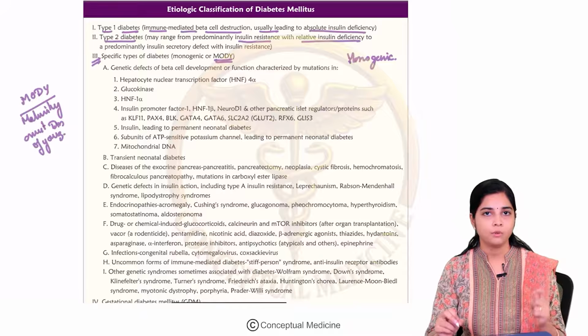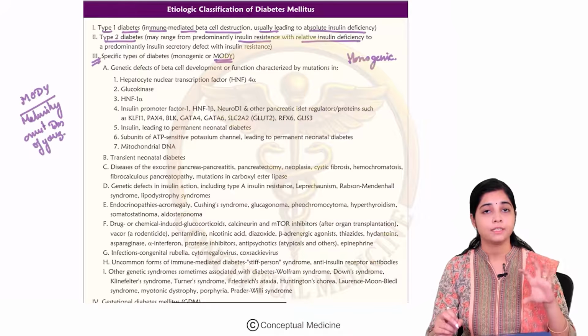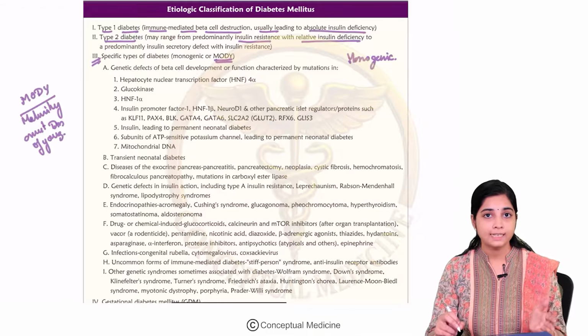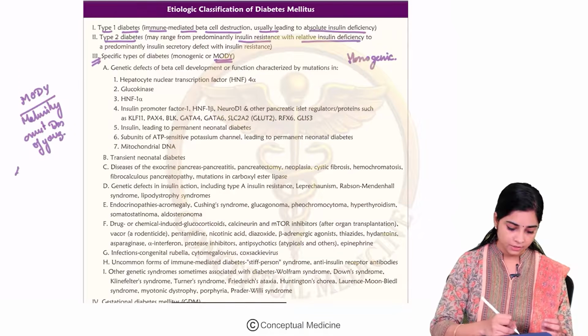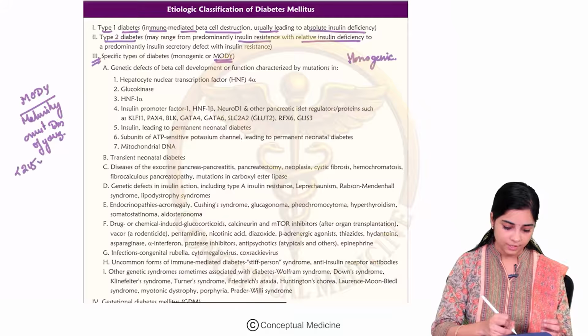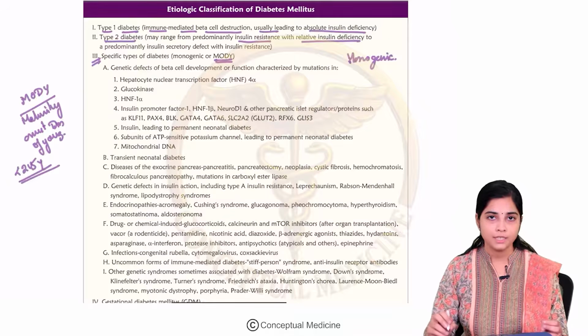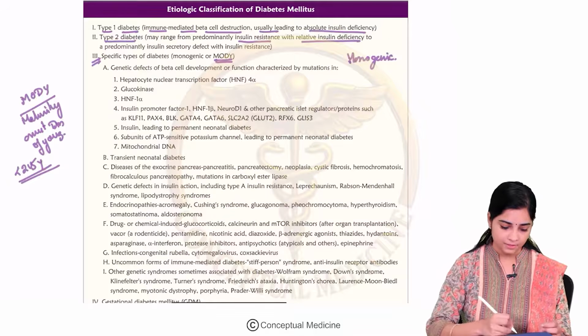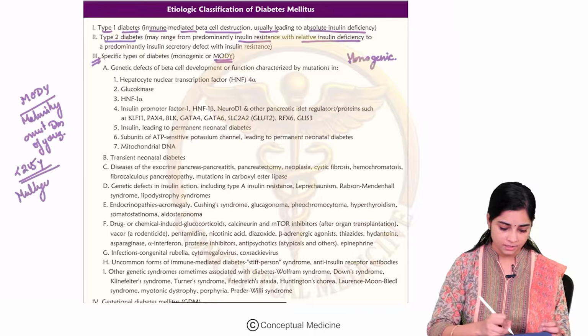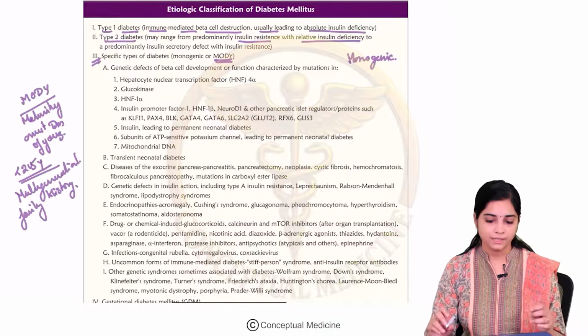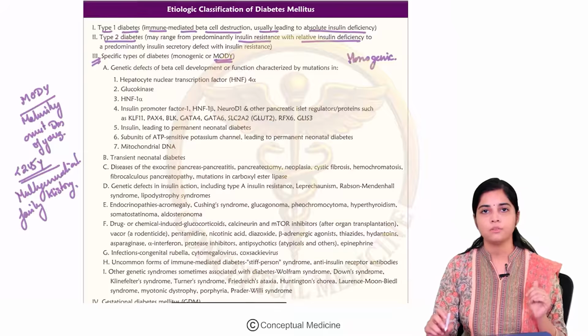The main point in MODY is that there is a genetic mutation and it's often monogenic. The salient feature of MODY is that it usually happens at less than 25 years of age, with a multi-generational family history. So that is your monogenic diabetes or MODY.